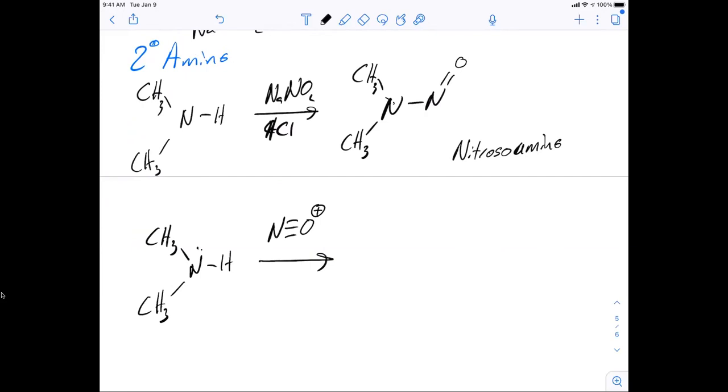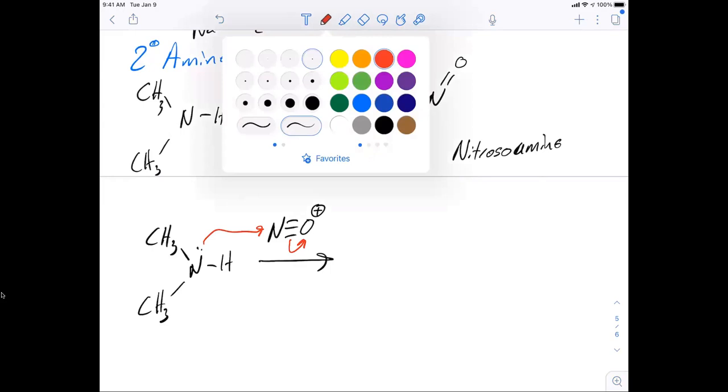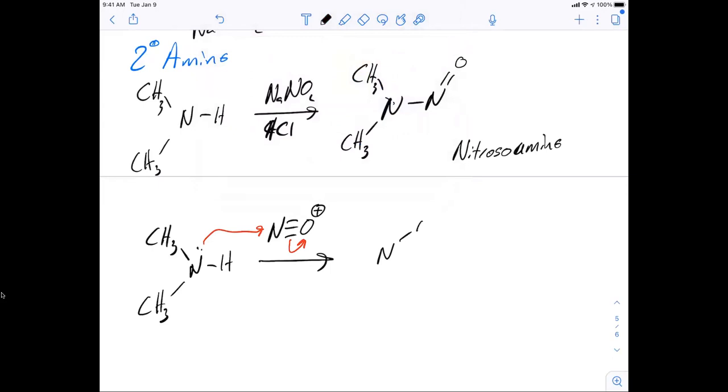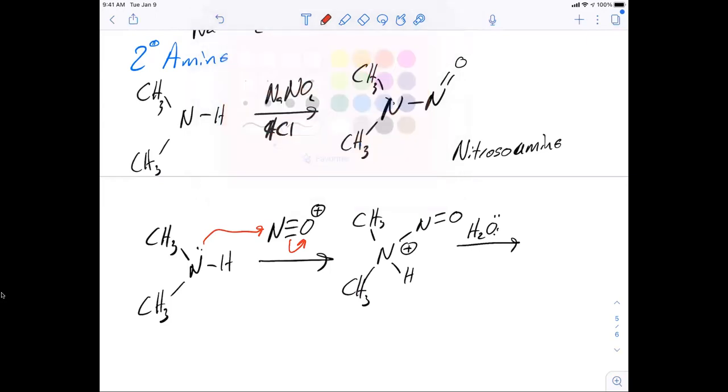Okay, the way this works is that the nitrogen with the lone pair reacts with the nitroso ion. Right, and then the water in the solution or another base pulls this off.